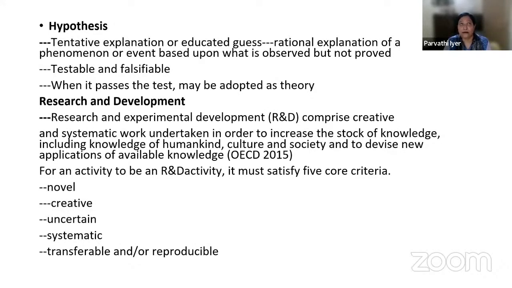Supposing we have undertaken a review of literature, and we have a hunch, some kind of an intuition based on whatever facts we know, and we come up with a hypothesis about a particular event or phenomenon. So we have some kind of rational explanation of that phenomenon in our mind, but we have not yet proved it. So it is still unproved, which means it is tentative or temporary in nature.